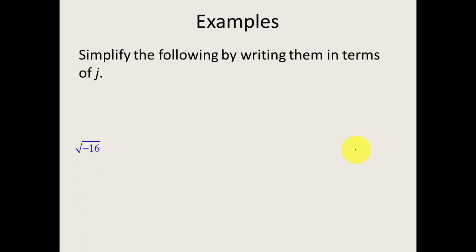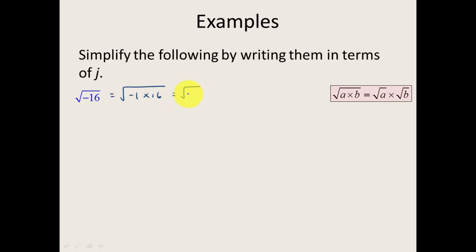In this example, we are supposed to simplify these complex numbers by writing them in terms of j. Before this, you wouldn't know what to do with this, but now we do. Now we know how to simplify this in terms of j. I shall start by writing it as the square root of negative 1 times 16. And then, applying a similar law of indices as you can see here, I can split up the square root into this.